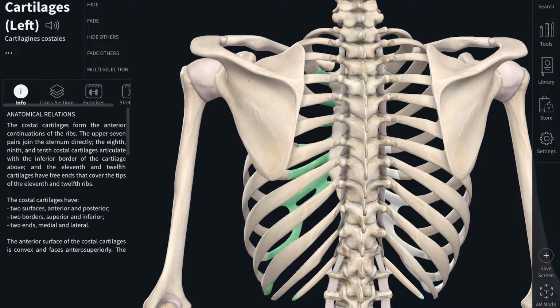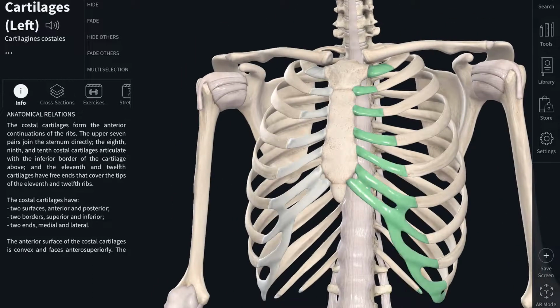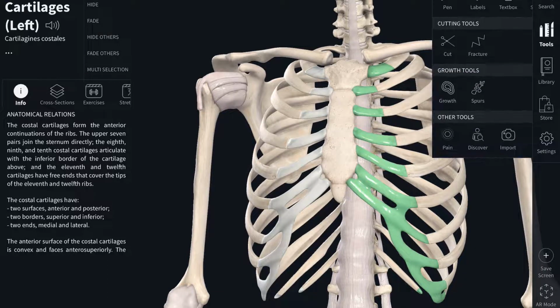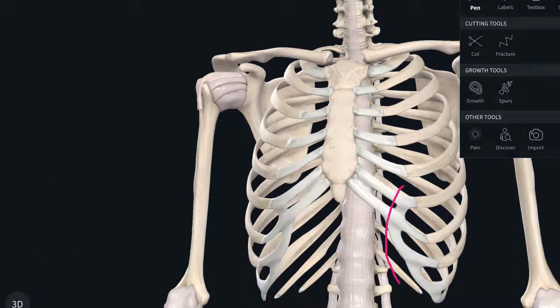And we're talking about this cartilage, the area underneath. Now this will make a slight difference in mobility to the vertebrae to which they're attached.